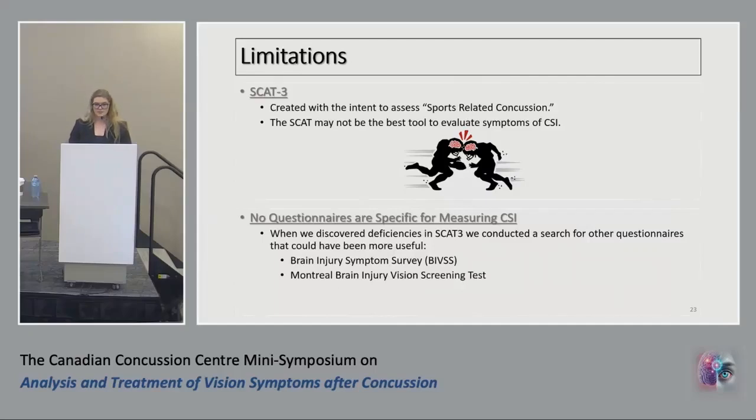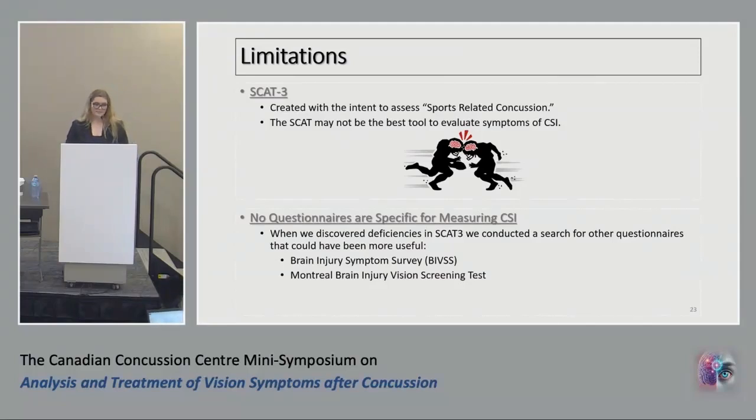So there are some limitations with our study. The first being that the questionnaire we used might not have been the best tool to evaluate symptoms of computer screen intolerance. The SCAT, the Sports Concussion Assessment Tool, was created with the intent to evaluate acute symptoms in athletes. However, if you look back at our cause of concussion, sports and recreation was actually one of the least predominant causes of injury.